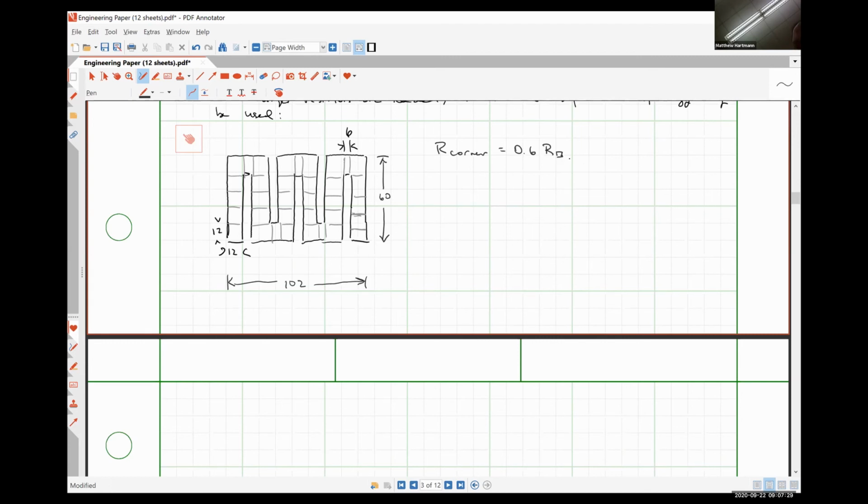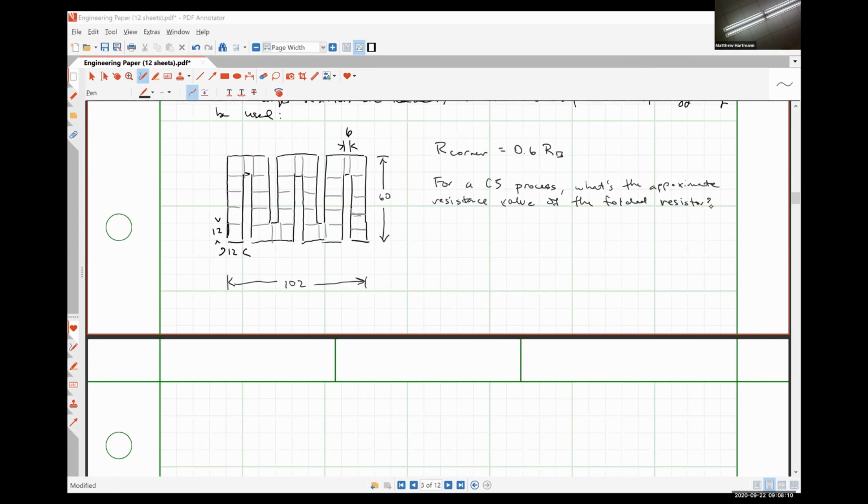So for a C5 process, how could we determine the approximate resistance value of the folded resistor?